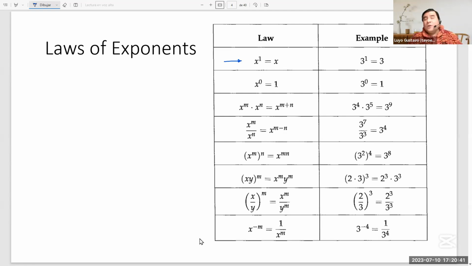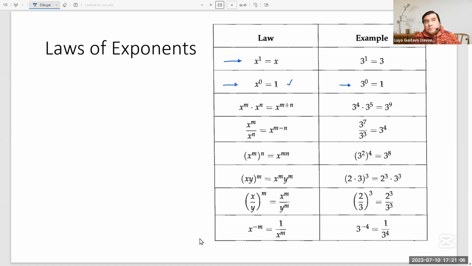X up to 1 is always x, no matter what x represents. For example, 3 up to 1 will always be 3. And what about exponent 0? Exponent 0 applied on any number different from 0 yields the result of 1. So for example, 3 up to 0 equals 1.